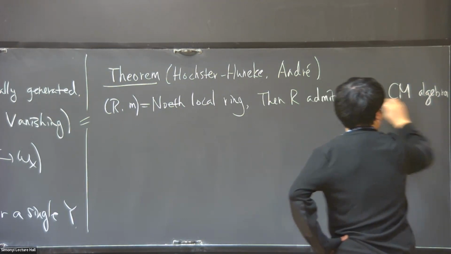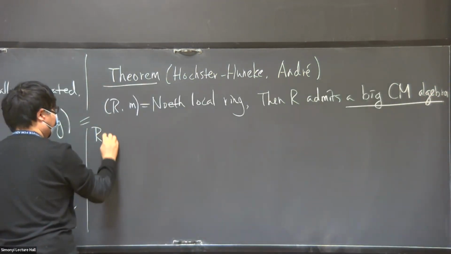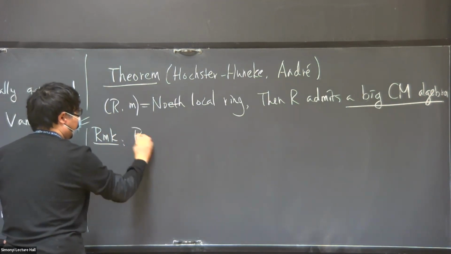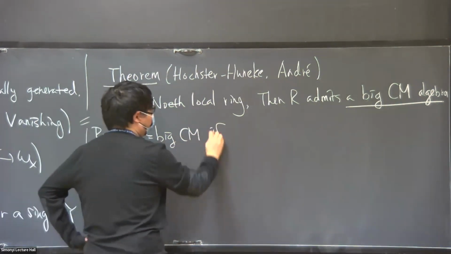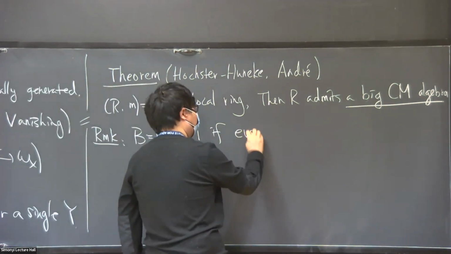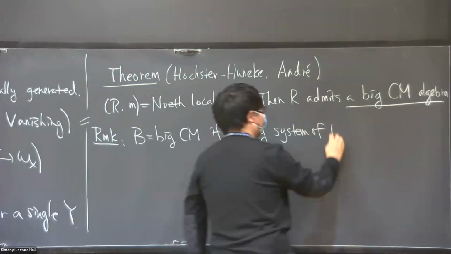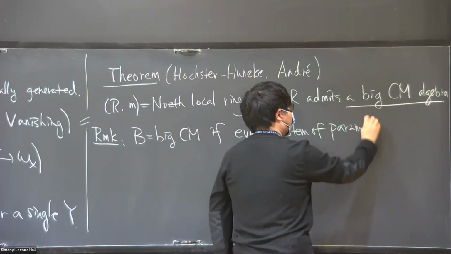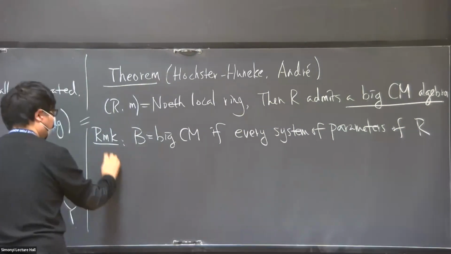Okay, so let me explain what this means. B is called big Cohen-Macaulay. There are several ways to define them. I'm just going to take one of them. If every system of parameters of R is a regular sequence.